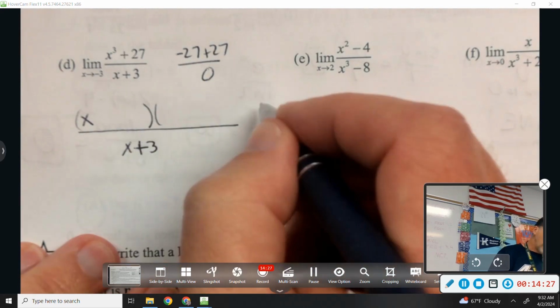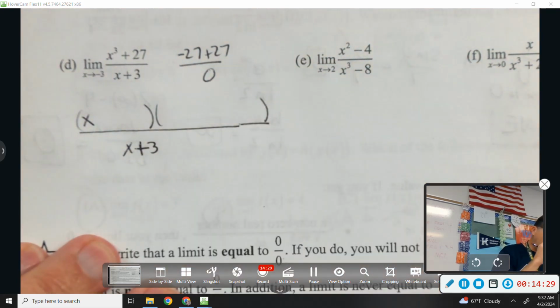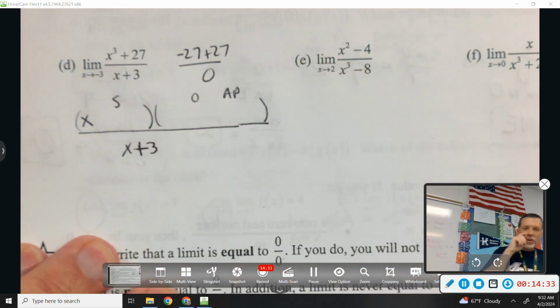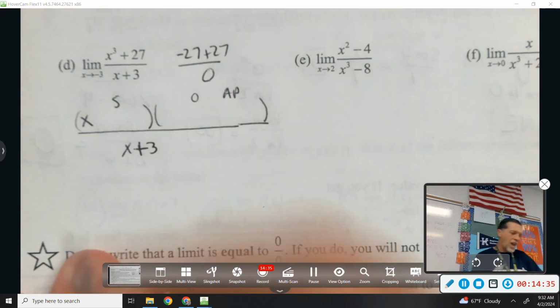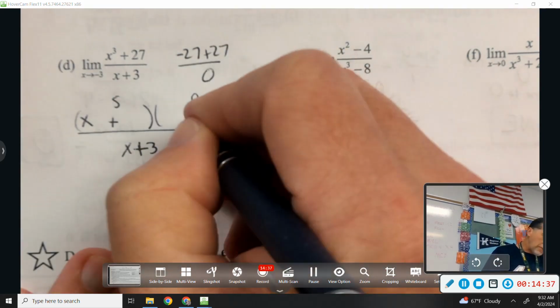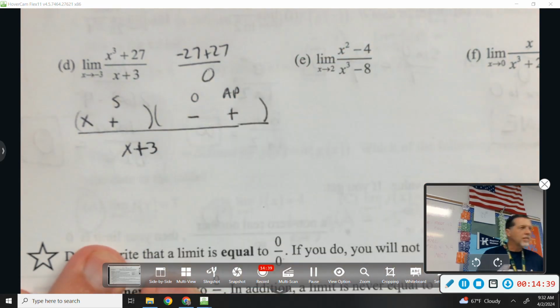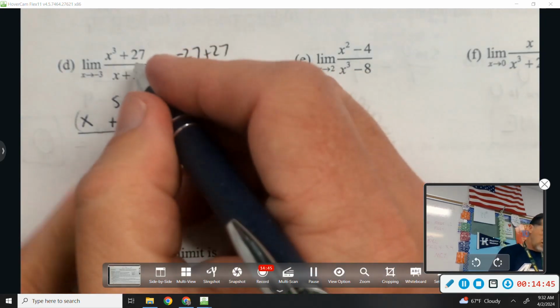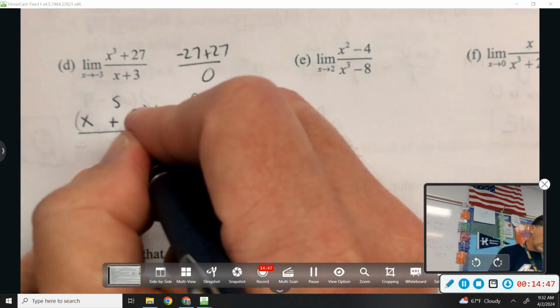SOAP. Now be careful with SOAP. SOAP is great, but SOAP only tells you the signs, right? So same sign, opposite sign, always positive. You still got to figure out the numbers. So x plus 3, right?